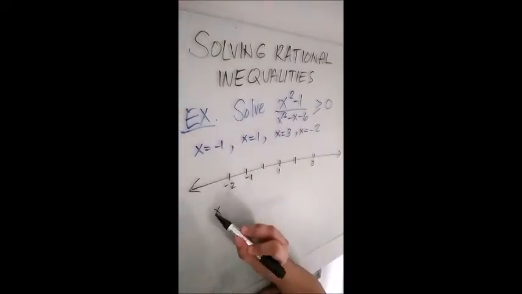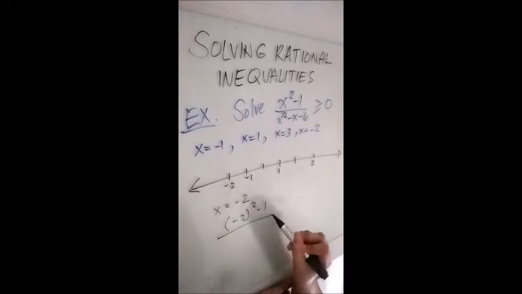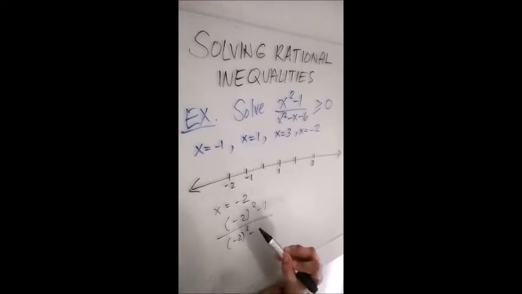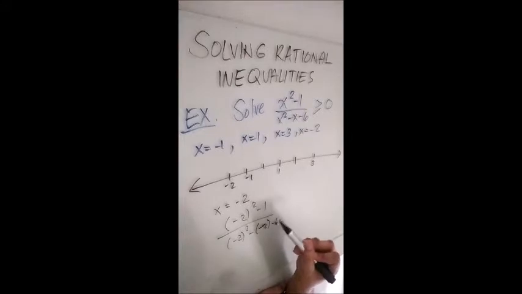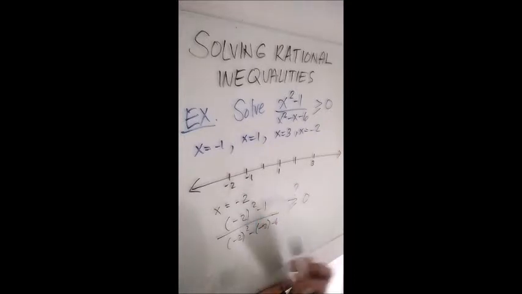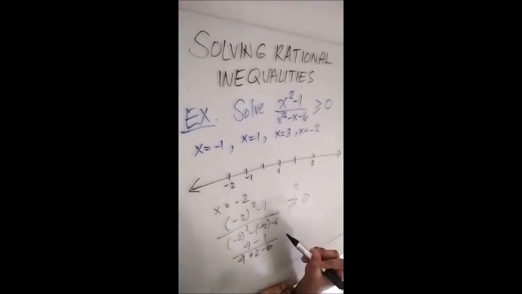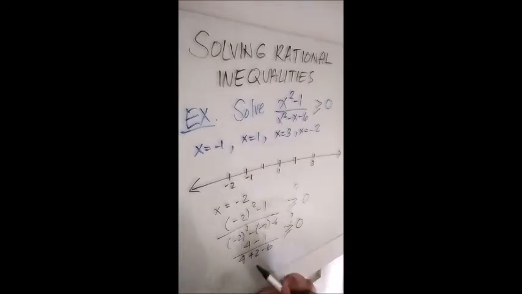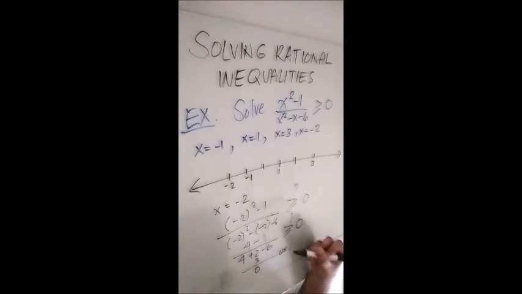When x is equal to negative 2, we have (negative 2 squared minus 1) over (negative 2 squared minus negative 2 minus 6). Is this greater than or equal to 0? This is 4 minus 1 over 4 plus 2 minus 6, so 3 over 0, which is undefined.